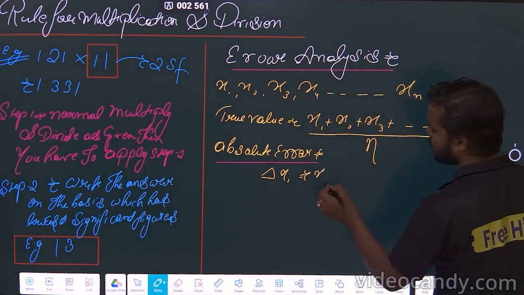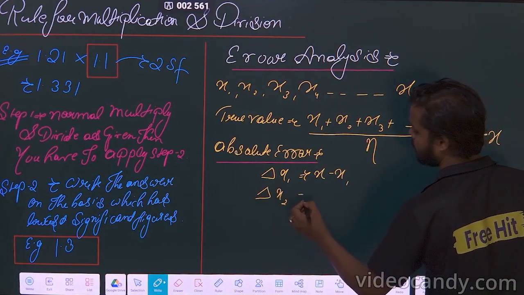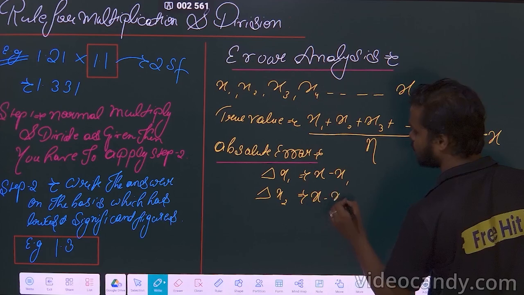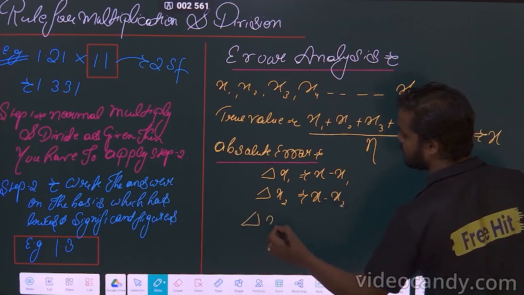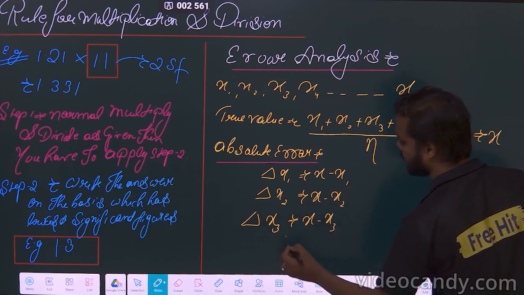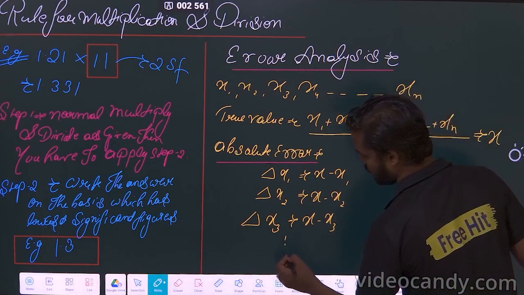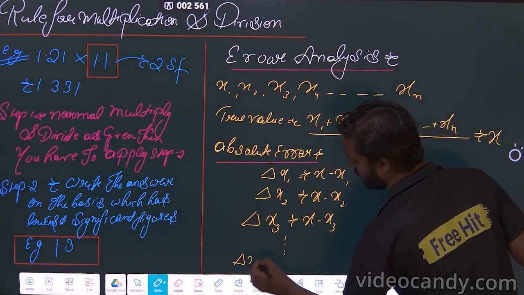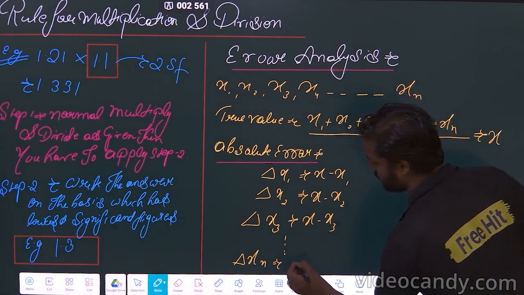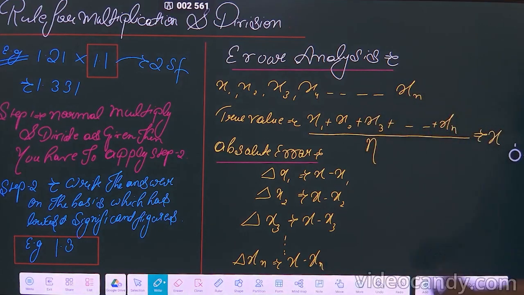So my absolute error delta x1 is x minus x1. Similarly, delta x2 is x minus x2, delta x3 is x minus x3, and so on, so you get delta xn equal to x minus xn. Clear? This is my absolute error.